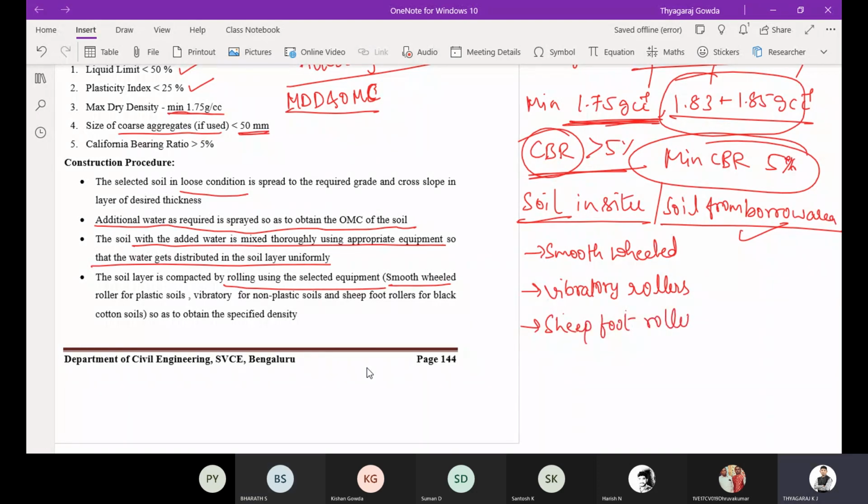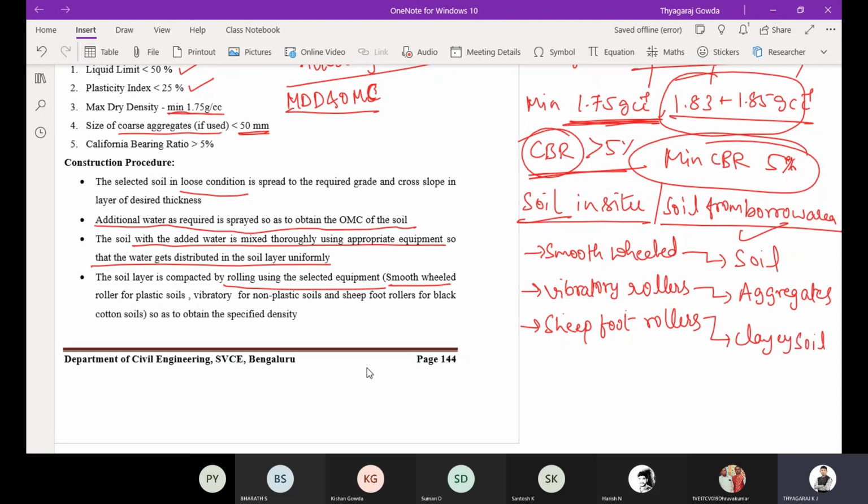Remember, whenever you are writing about rollers, smooth wheeled rollers are used for soil compaction. Vibratory rollers are used for aggregate compaction. Then sheepfoot rollers are used for compaction of clay soil.